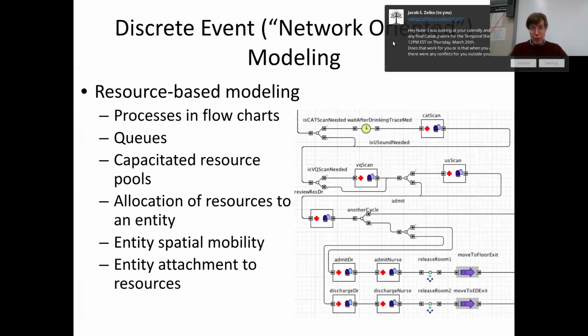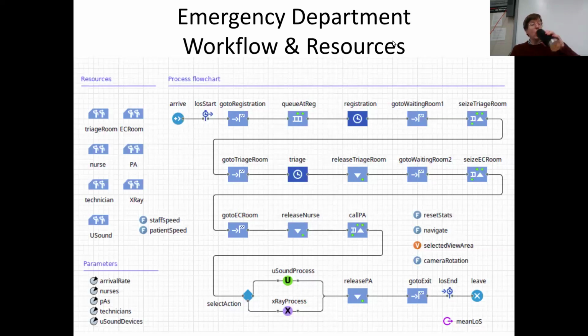And much of our interest lies in understanding how long it takes an entity to go from start to finish, their average amount of time, or how many entities we can treat per day, or how availability of different resources shapes how quickly they can go, or how placement of mobile resources or portable resources like ultrasound machines can facilitate this process.